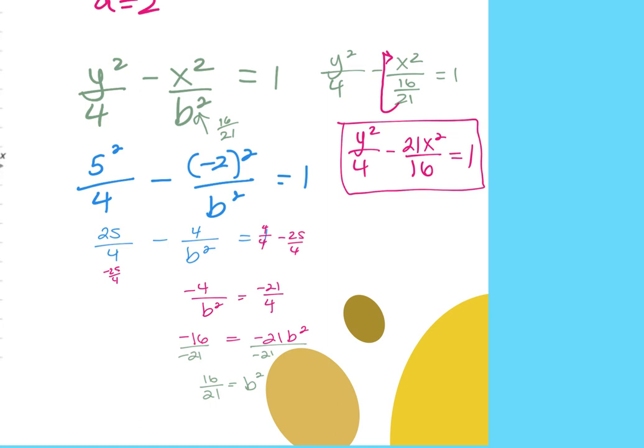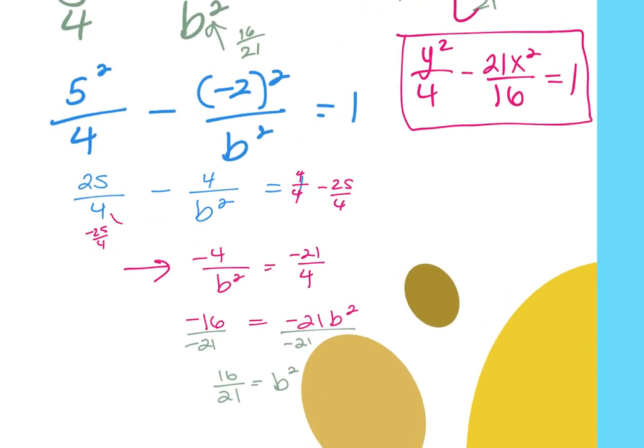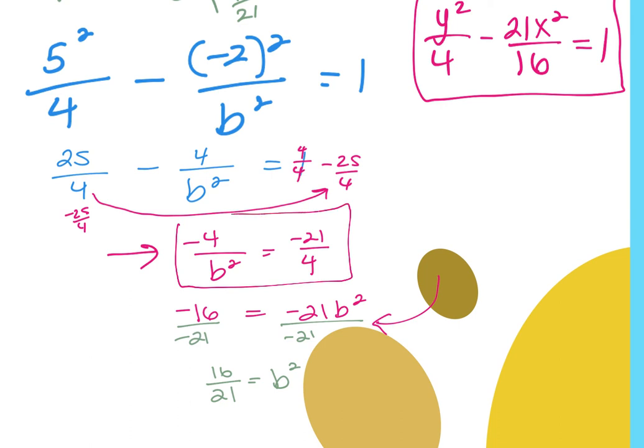After the purple, like this one. Here, I move the 25 over 4 over here. From here, I cross multiplied. You can multiply by 4 on both sides, and then multiply by b squared on both sides, you can do it that way either.